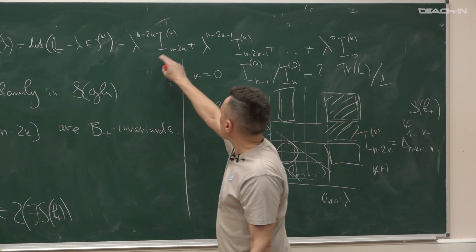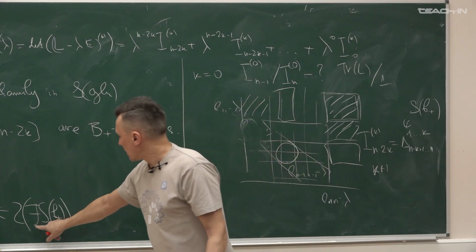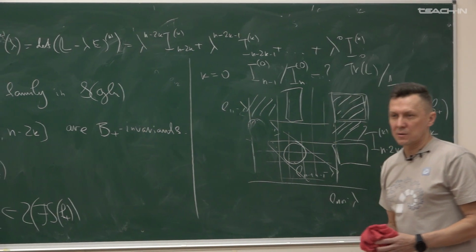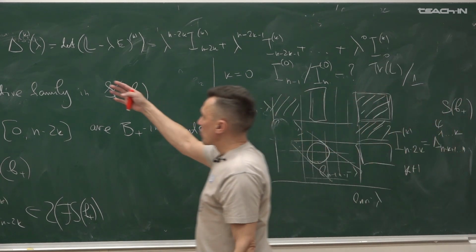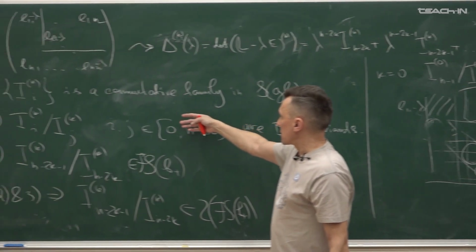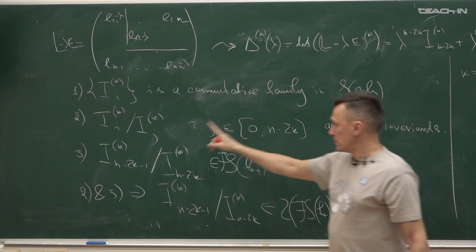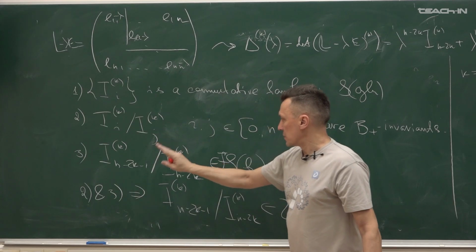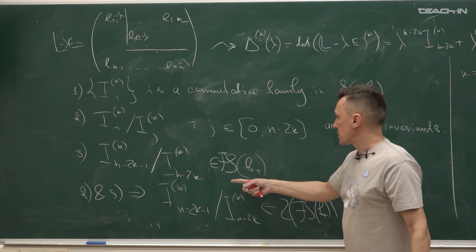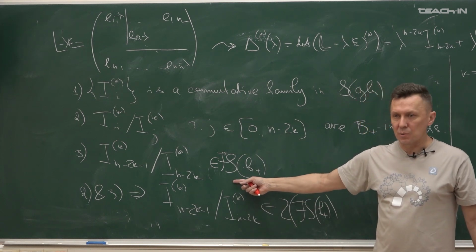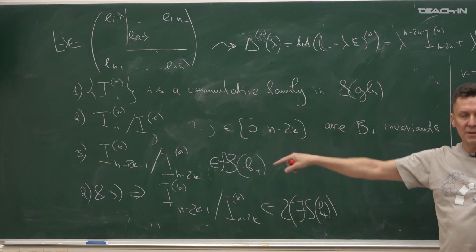But this ratio is always an element of the field of fractions of the Borel Lie algebra. So from the AKS, we get that all the ratios are B plus invariant functions, but the ratio of two principal terms in all these polynomials is always an element of the field of fractions of the Borel Lie algebra, and it means that they are central inside this algebra.